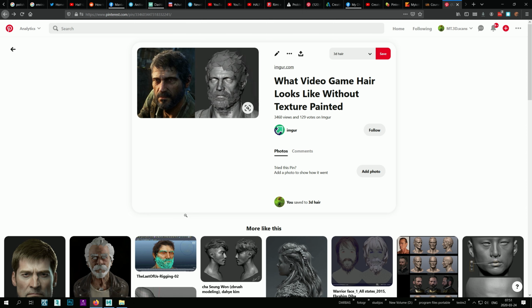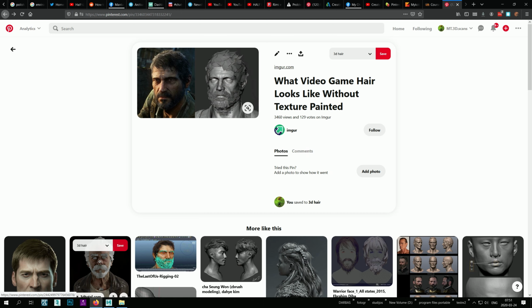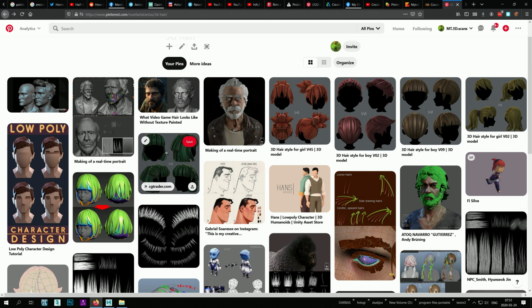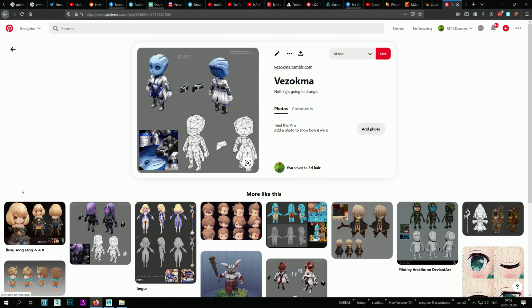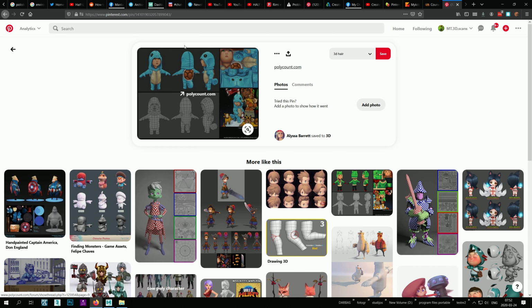So I would say two options for you: the planes, or the whole thing modeled as one piece. The whole structure here is one piece. So pick your approach depending on the situation and the style of your game, and that's how you will go about it. So let's try making some nice hair today.